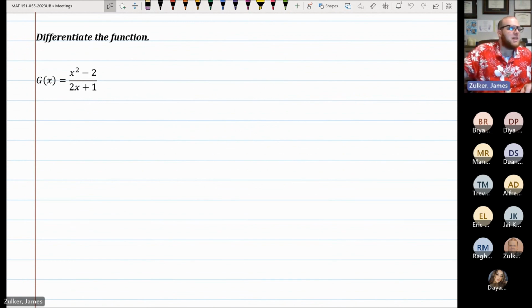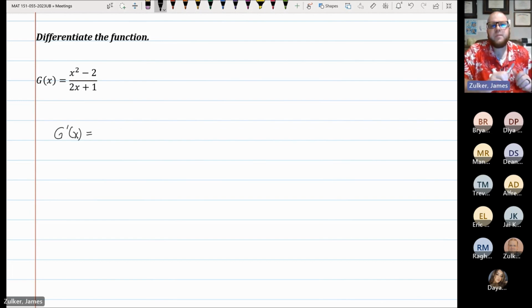So we're going to be given several functions that we want to find the derivative of. Right? We have a quotient, so we're obviously going to be using quotient rule.